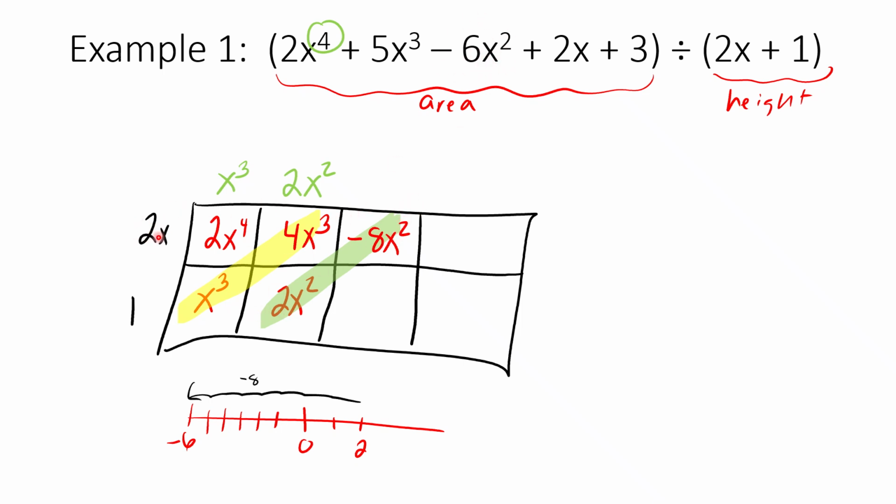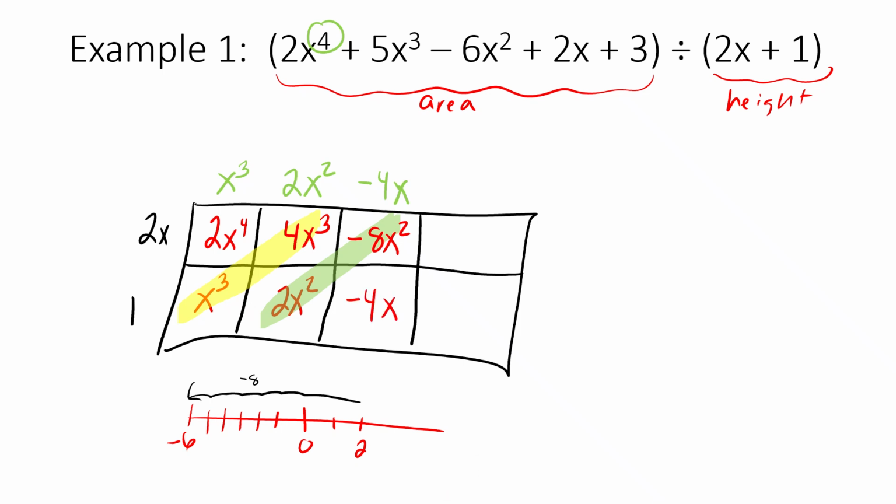All right, repeating the process again. 2x times what would give me negative 8x squared? Well, 2 times negative 4 gives me negative 8, and x times x would give me x squared. And now multiplying, negative 4x times 1 would give me negative 4x.